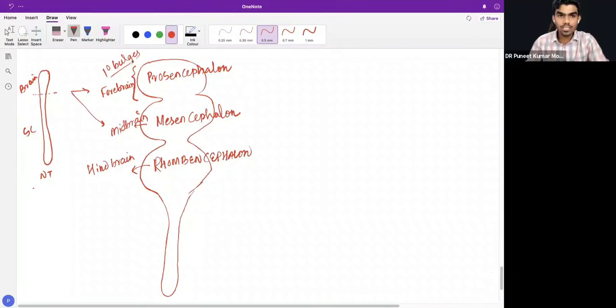Okay, now these are the primary bulges. Again, these bulges form secondary bulges. The bulges that develop upon the primary bulges are called the secondary bulges. Now this prosencephalon again develops into two secondary bulges.